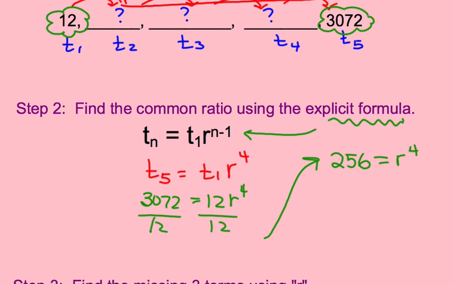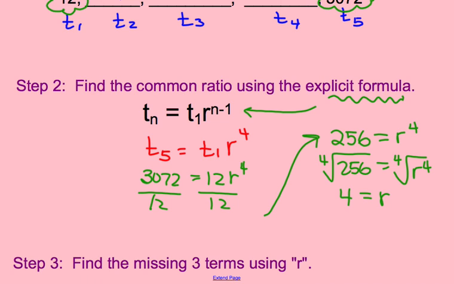Now we need to find out what r is, so we're going to undo the r. So we're going to take the 4th root of both sides. And you take the 4th root of 256, and you get 4. So your common ratio from one term to the next is 4.